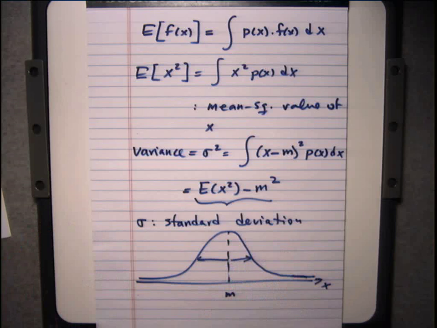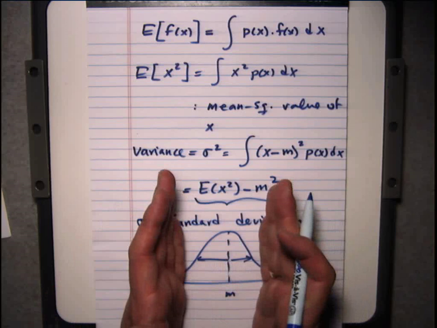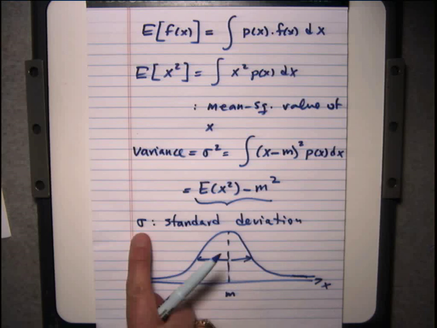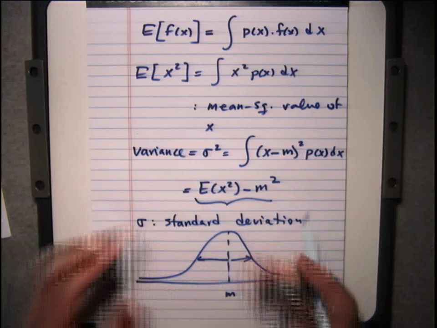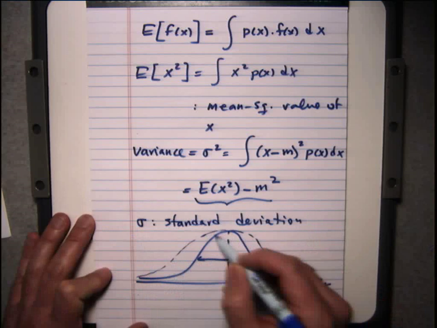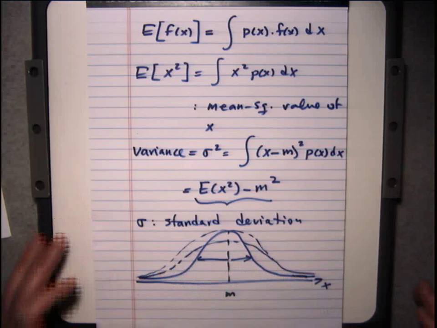So the basic rule of thumb is that if you go 2 sigma to the left and to the right of the mean, you get 90% of the area under the curve covered. If you go 3 sigma, you get like 99% of the area covered. Okay? So if sigma is bigger, the peak has to come down, so it has to look kind of like this. So the chubbier it gets, the wider it gets, the larger the sigma.